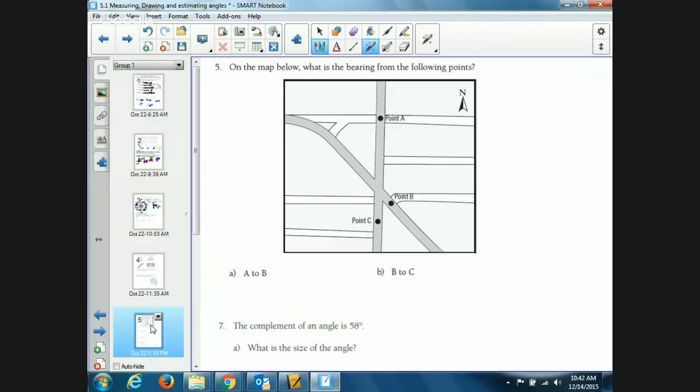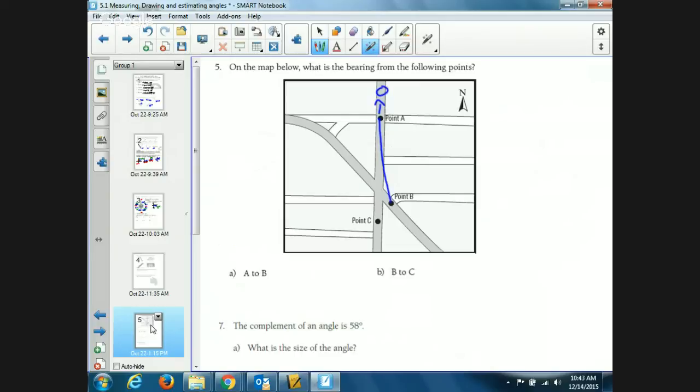On the map, what is the bearing from the following points? So basically, point A to B, for example. What is the bearing from there to there? Well, 0 is straight north, right? So this is 0.